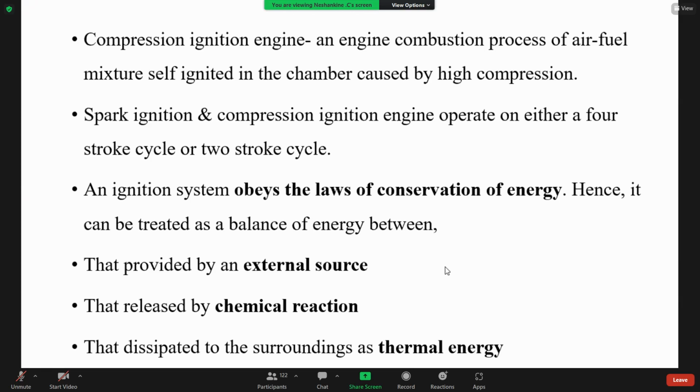Yes. In the ignition system, we conserve the energy. We provide the external source, released by a chemical reaction, and it is also exposed as thermal energy.